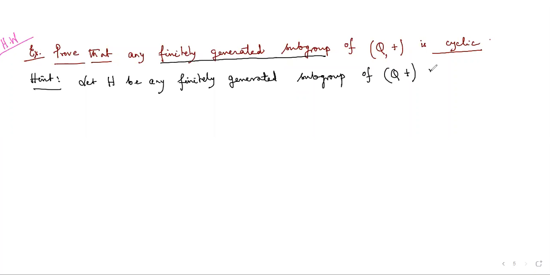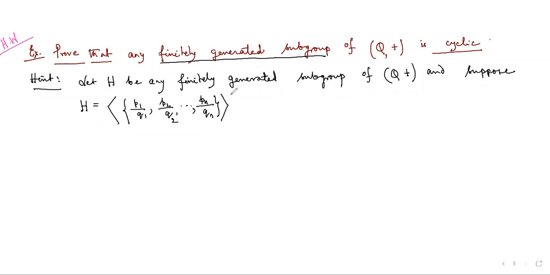And suppose this H is being generated by the following set: P1 by Q1, P2 by Q2, Pn by Qn. By this finite set, H is being generated.